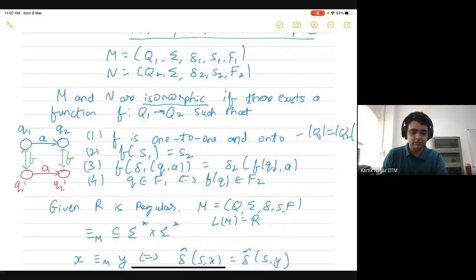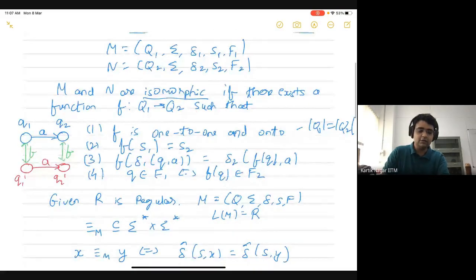So here I have also shown diagrammatically how this f function relates the transitions of the two DFAs.